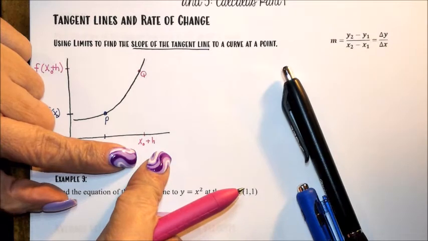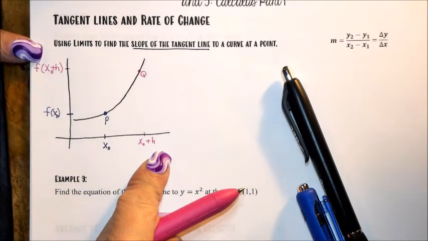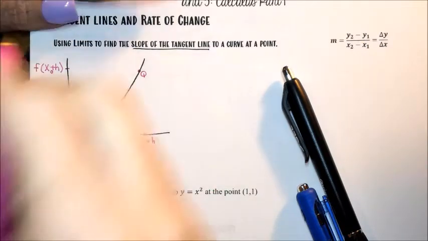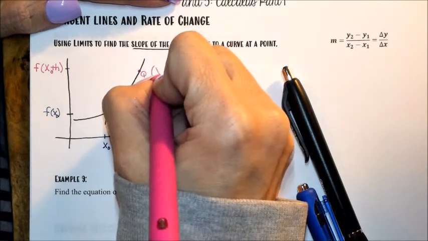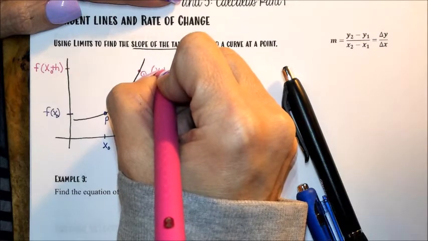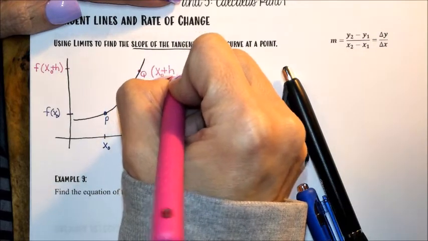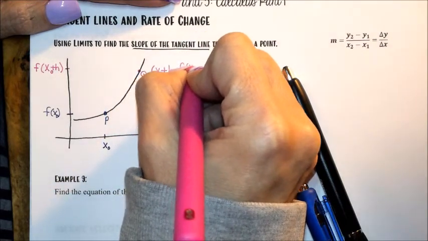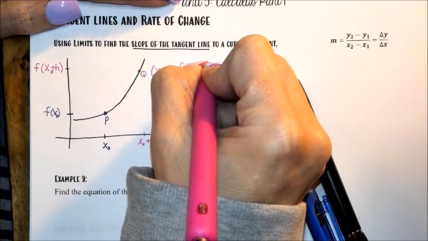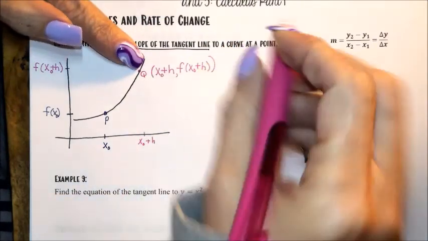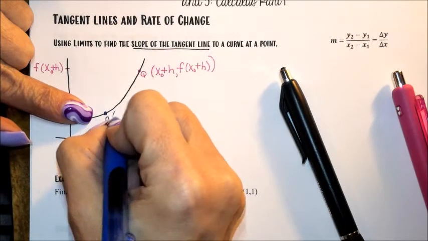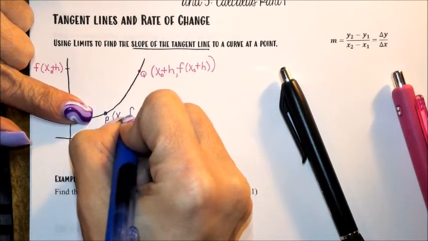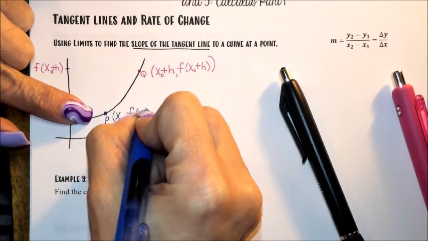This would be X naught plus H. And this would be f of X naught plus H. So here we go. Let's label the ordered pair. This one is X naught plus H, f of X naught plus H. That's the ordered pair there. This ordered pair is X naught and then f of X naught.